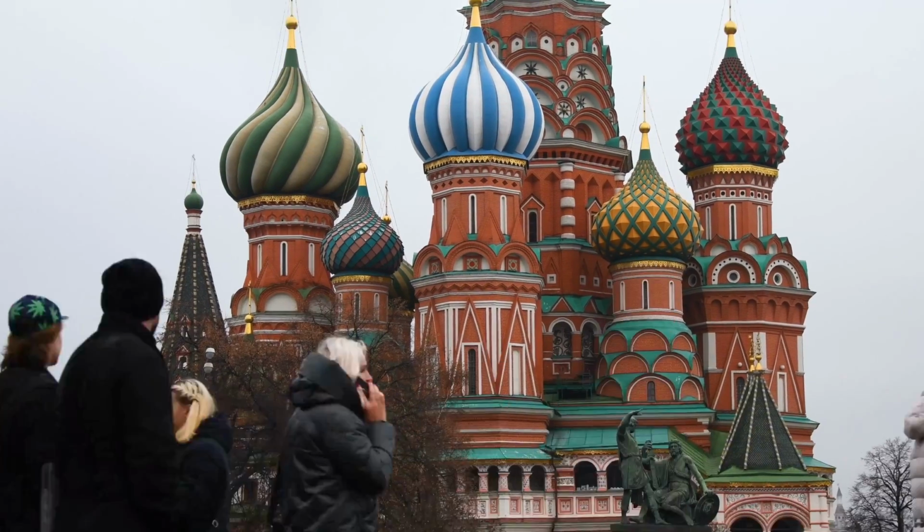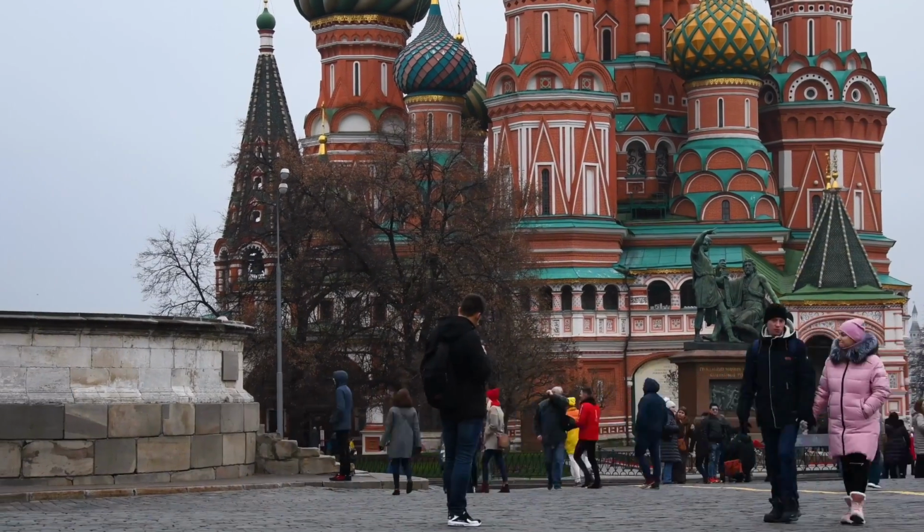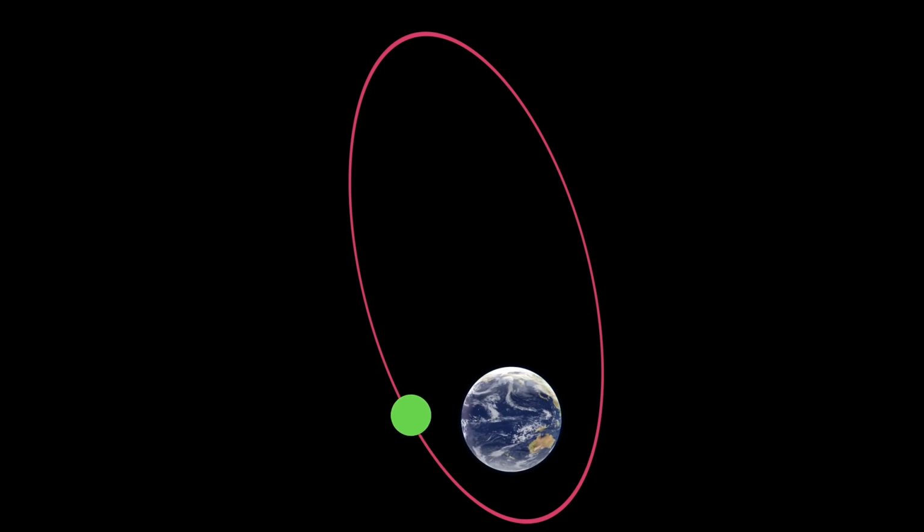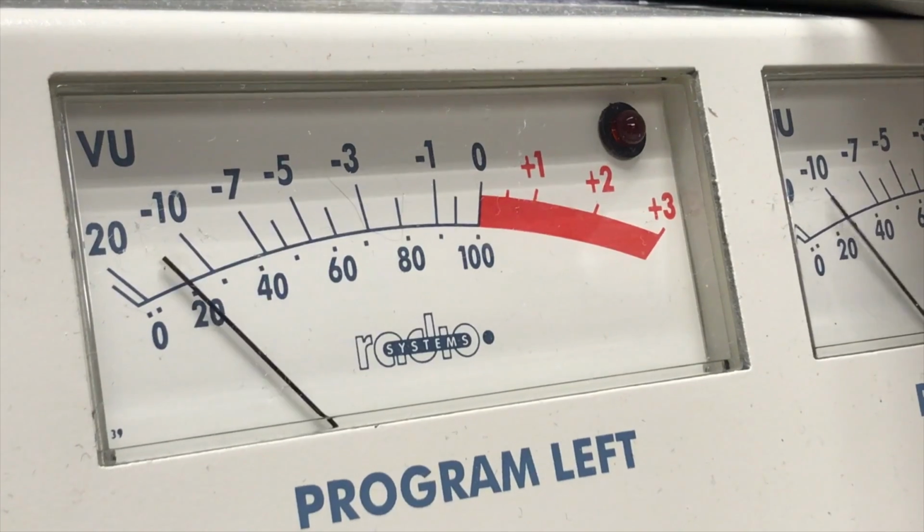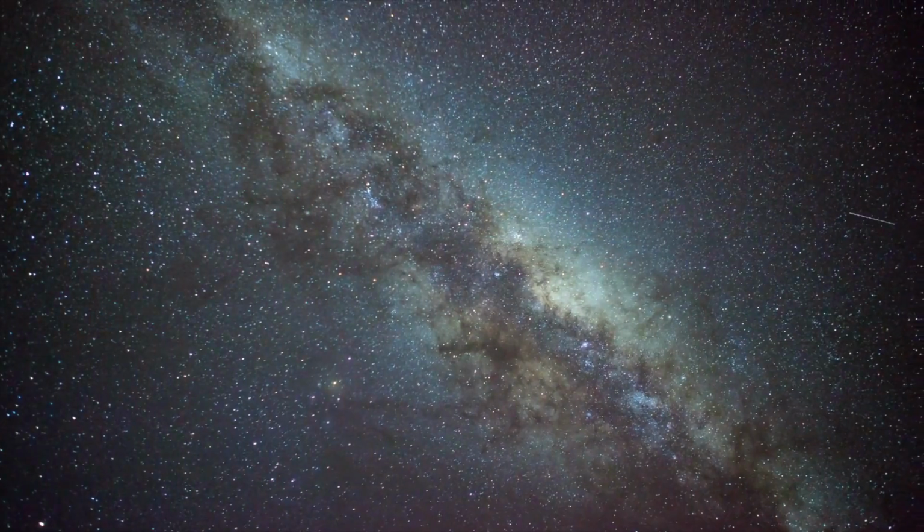A good example of a HEO orbit is the old Soviet Union Molniya orbit, which was a communications satellite in this highly elliptical orbit. The reason they liked that type of orbit was because when that satellite was all the way out at apogee, it would spend most of its time over the northern hemisphere and be useful for communications there.